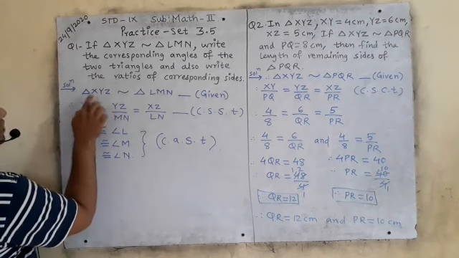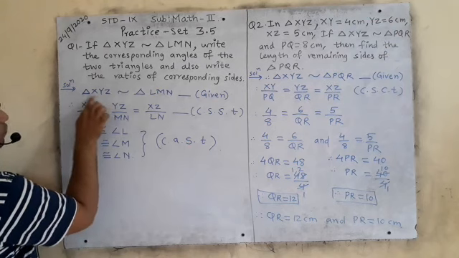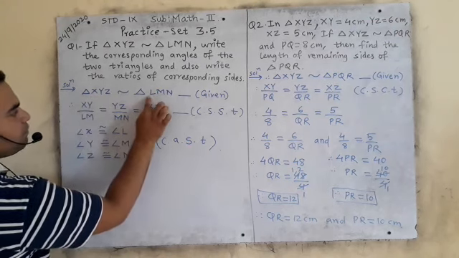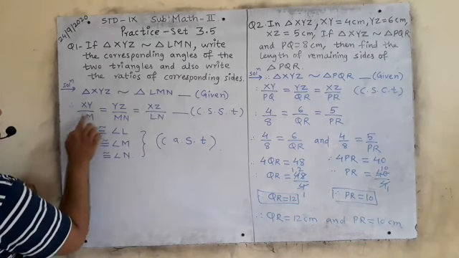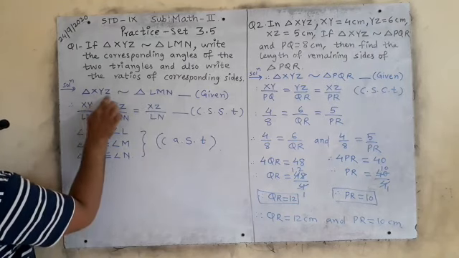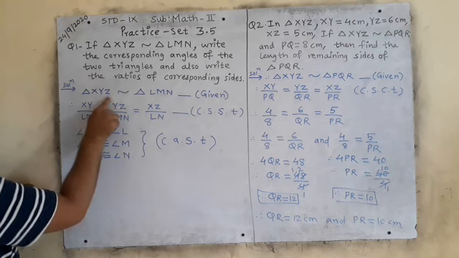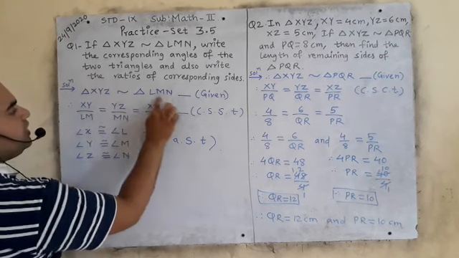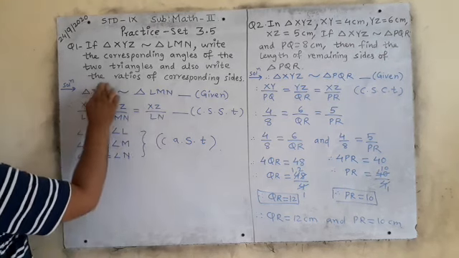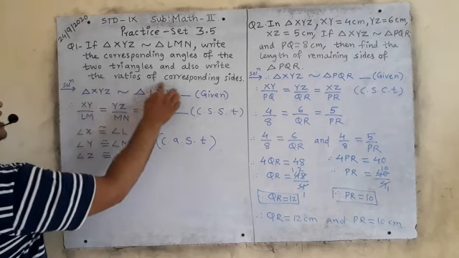Now you will write the first two, X and Y, upon the first two, LM: XY upon LM. Then you will write the last two vertices: YZ upon MN. Then first and last: XZ upon LN.